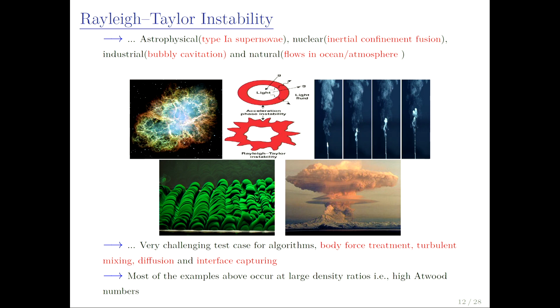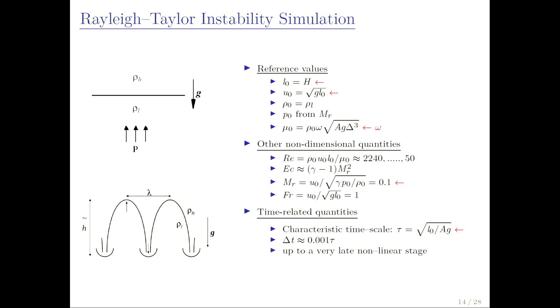Many of these examples occur at large density ratios. So there's an interest to solve high Atwood number Rayleigh-Taylor instability, as this is one of my motivations, as I mentioned. Here are the details of the simulation: the length scale, the velocity scale, and the time scale of the problem. This is an important quantity, omega.